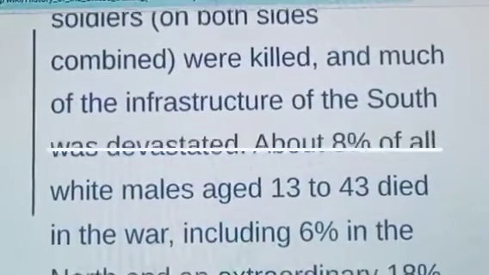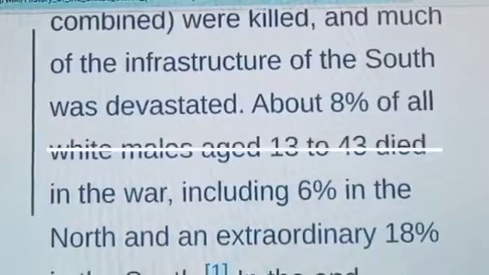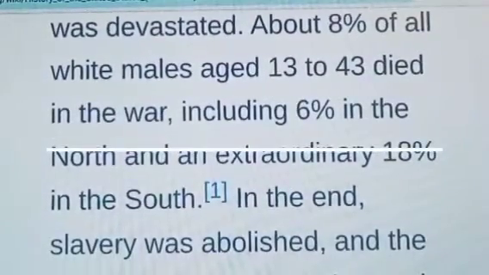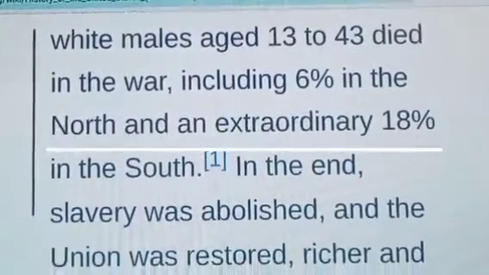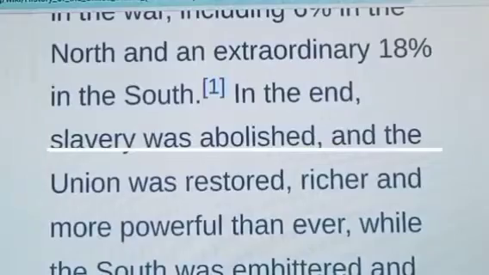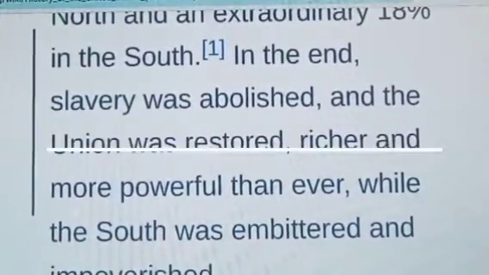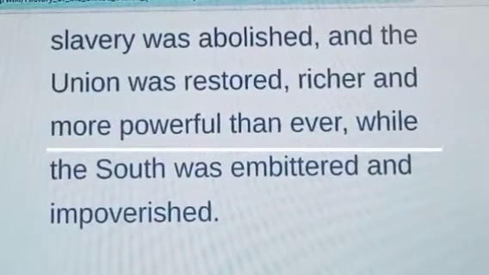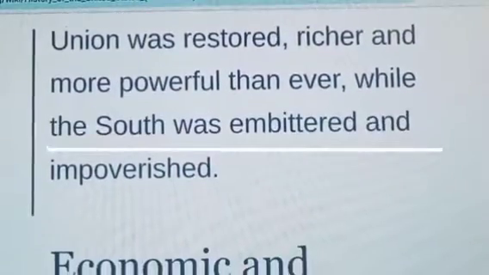About 8% of all white males aged 13 to 43 died in the war, including 6% in the North and an extraordinary 18% in the South. In the end, slavery was abolished and the Union was restored richer and more powerful than ever, while the South was embittered and impoverished.